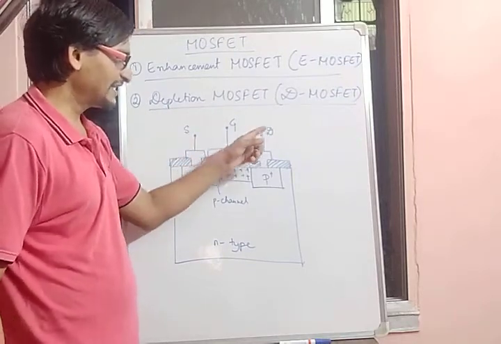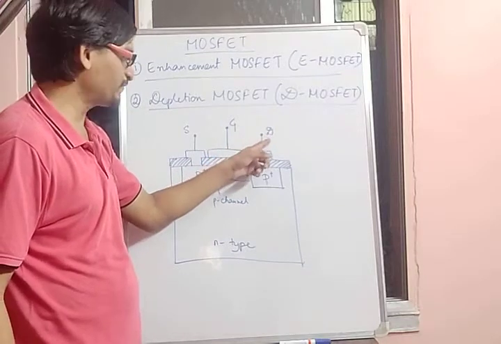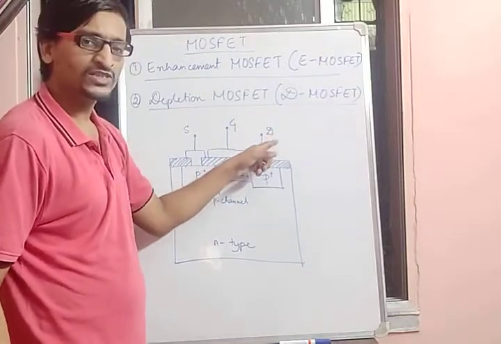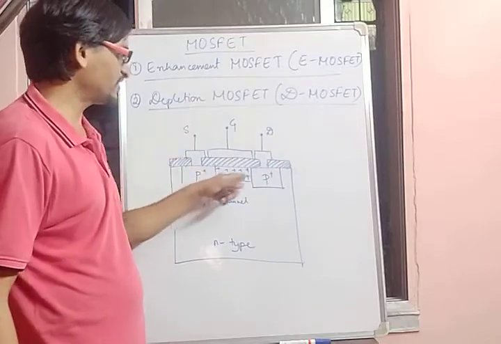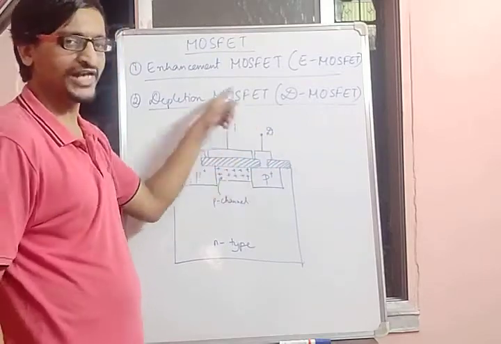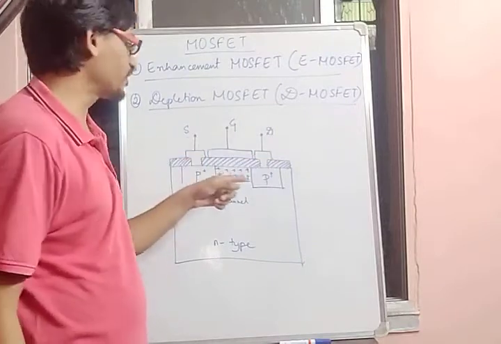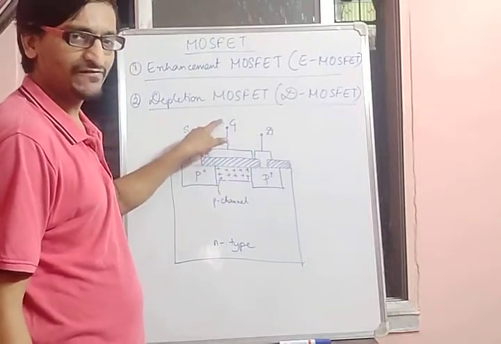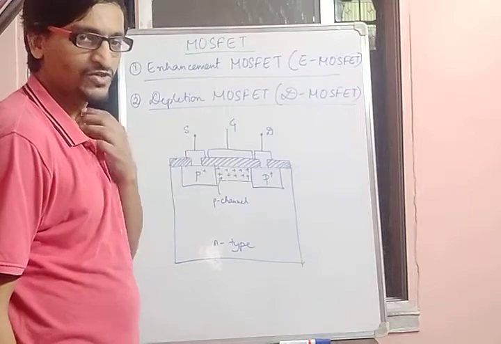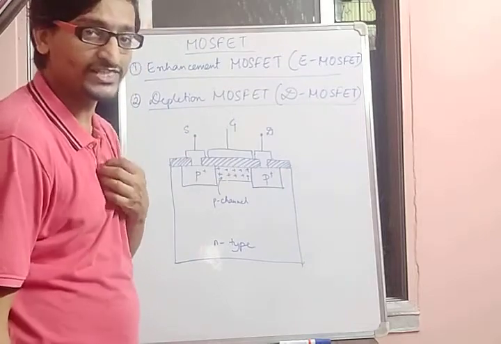This negative polarity will attract the holes. As a result the current will start to flow from source to drain. So this is the case when your gate voltage is 0.